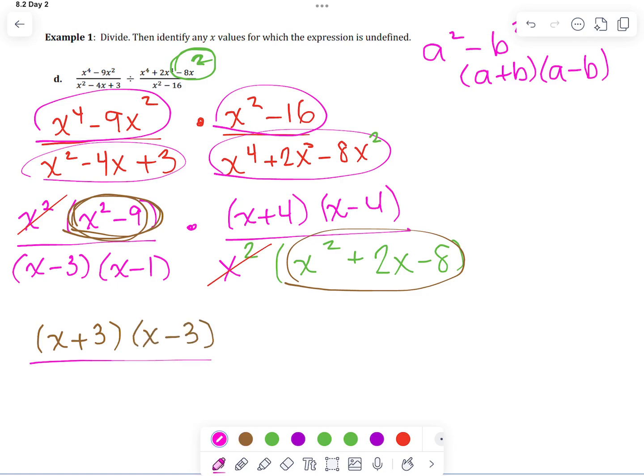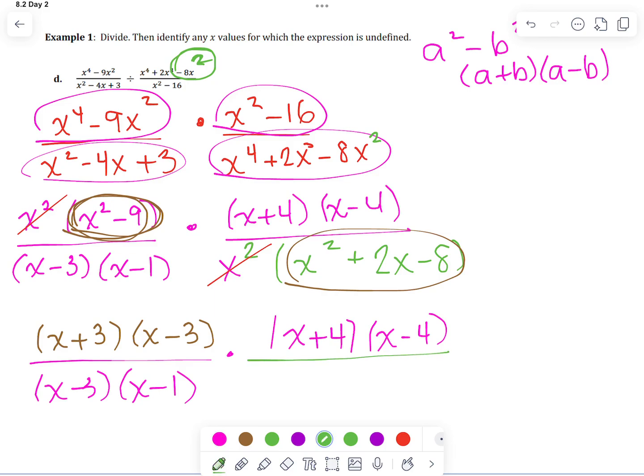Then the denominator still stays the same, x minus 3, x minus 1. And then the second fraction's numerator will stay the same. And then we're going to factor the denominator by the diamond method. So what are the factors of -8 that add to +2, which is +4 and -2.